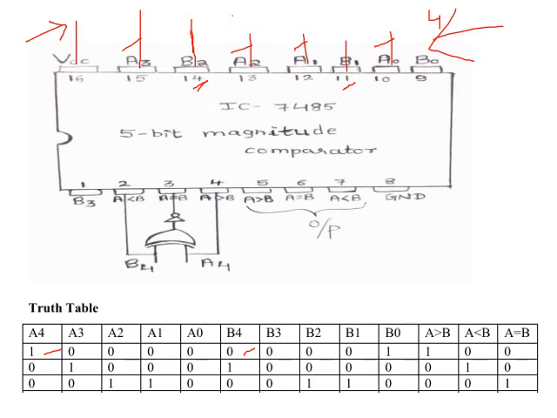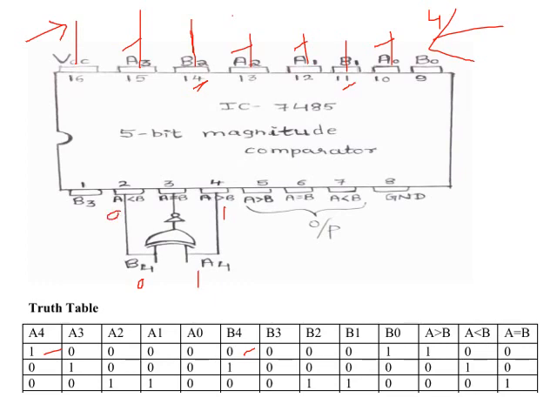A4 is 1, so this is 1 and this is 0, correct? When these are the bits here, A4 and B4, what will happen? The A4 is going to A greater than B. That means the MSB of A is greater than MSB of B, and here it is going 0.